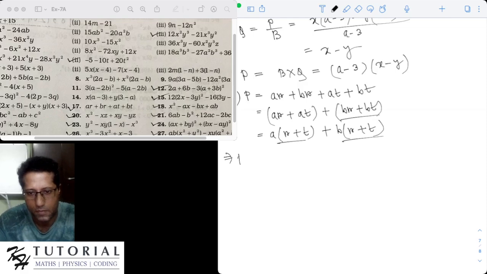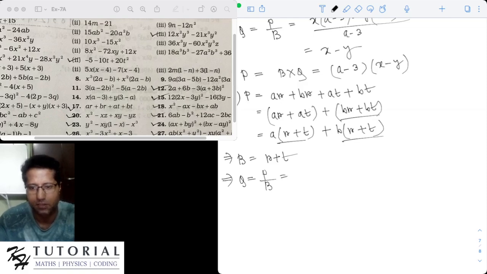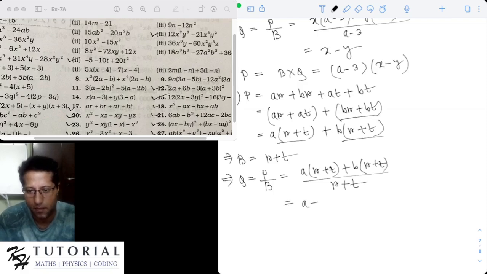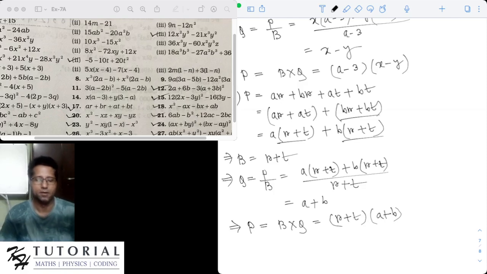This implies Q will be P by B, which is equal to A into R plus T plus B into R plus T, divided by B, which was R plus T. So this is equal to A plus B. Hence, the factorization of the polynomial P becomes B multiplied by Q, where B is R plus T and Q is A plus B. This is the factorization of the polynomial P.